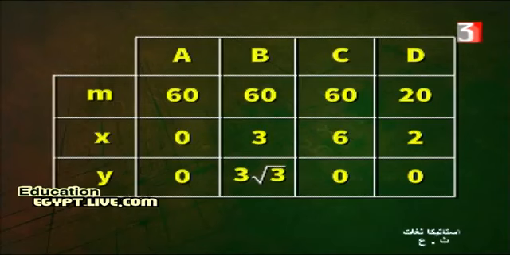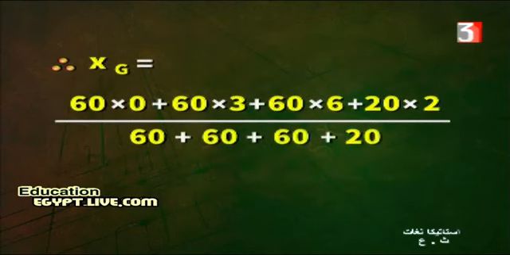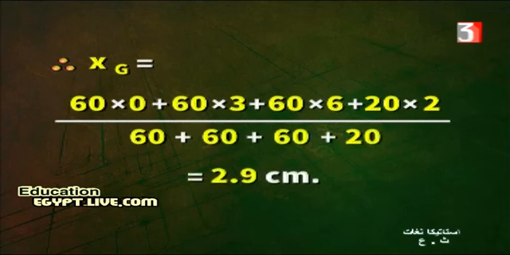This rule to determine xg: m1 x1 plus m2 x2 plus m3 x3 plus m4 x4 over m1 plus m2 plus m3 plus m4. Then, my dear student, xg equals 2.9 centimeter.